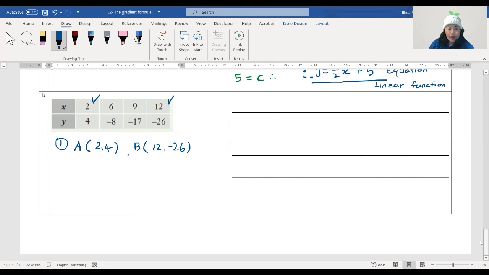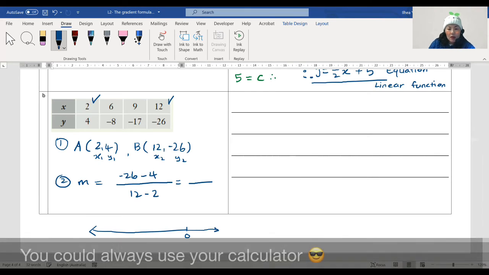It'll be the same. Now I'm going to put x1, y1, x2, y2, and then put them into the gradient formula: y2 minus y1, minus 26 minus 4, and x2 minus x1, 12 minus 2. Now, minus 26 minus 4: if you don't know, think of a number line.